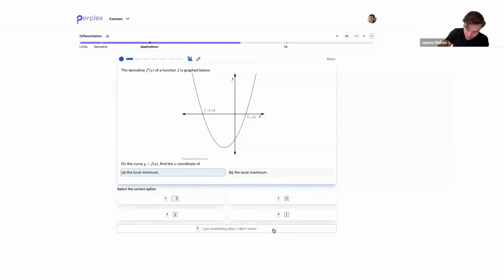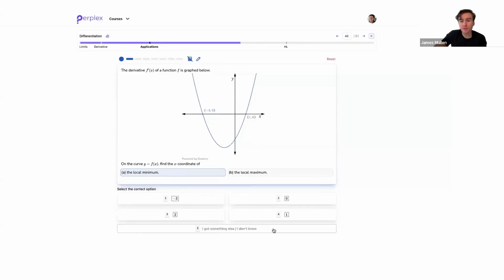And in particular, I have a maximum when the second derivative is negative, when the function is bending down. The second derivative is the slope of the first derivative, okay? And a minimum is when the second derivative is positive, when the slope of the first derivative is positive. So the slope of that line that I just drew is f prime prime of 1. And this slope over here is f prime prime of minus 3.